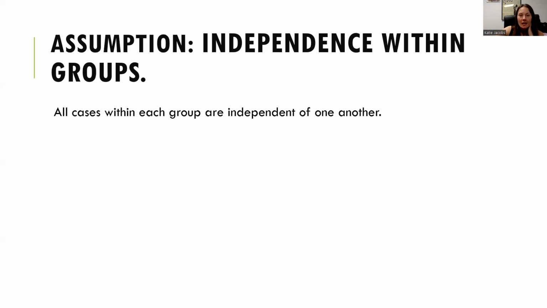All right, so independence within groups. This is all cases within each group are independent of one another. This means that the participants within the group aren't influencing one another's score.